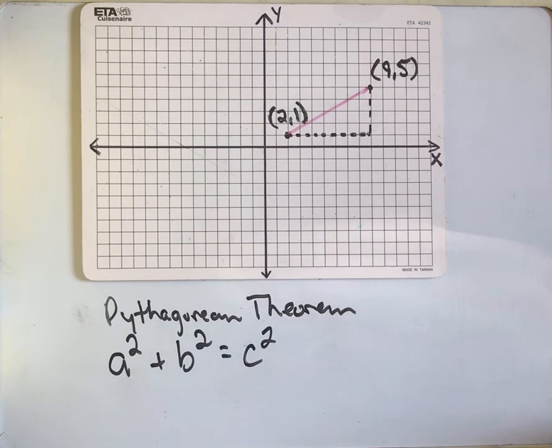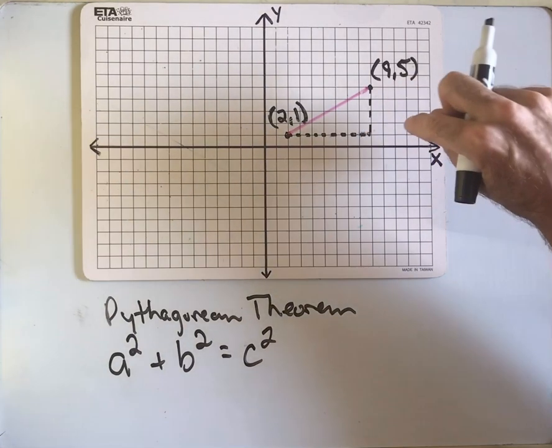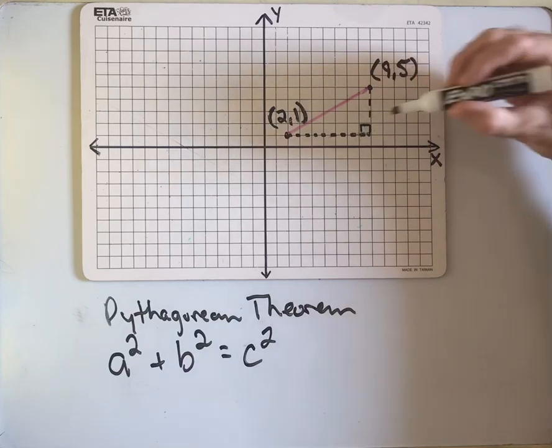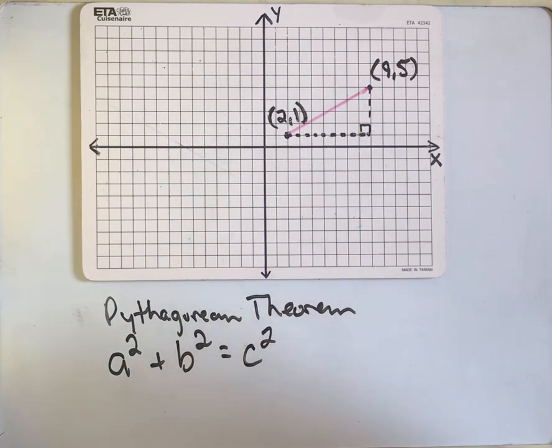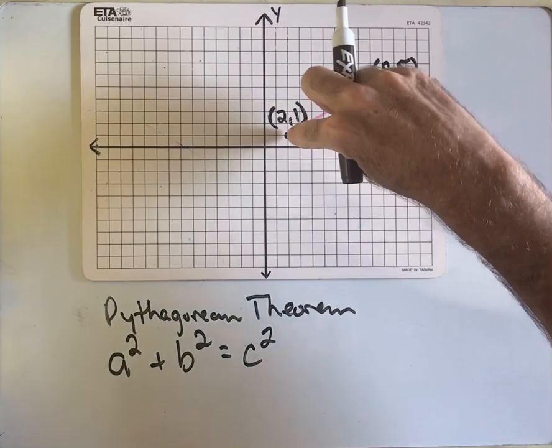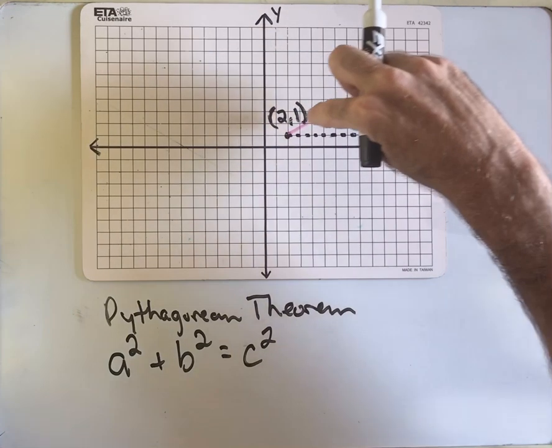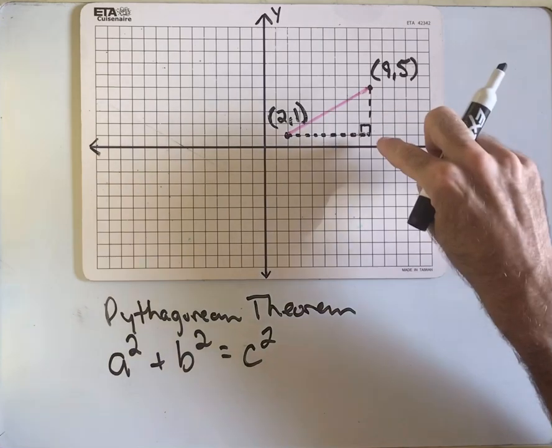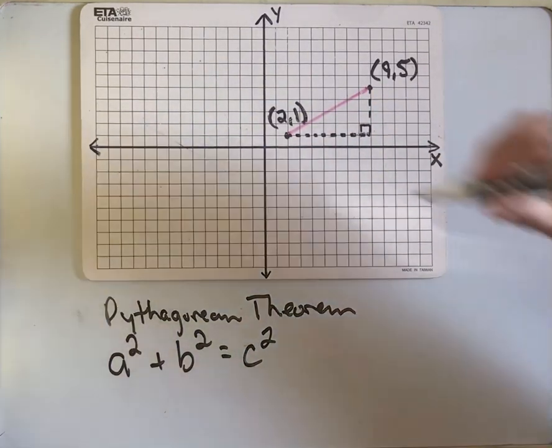Pythagoras, actually some people think it might have been one of his buddies, but he gets all the credit for it. He realized that for any right triangle, that's a triangle with a 90-degree angle right there, the length of this line, called the hypotenuse, squared equals the other two sides squared. So a lot of fancy language.